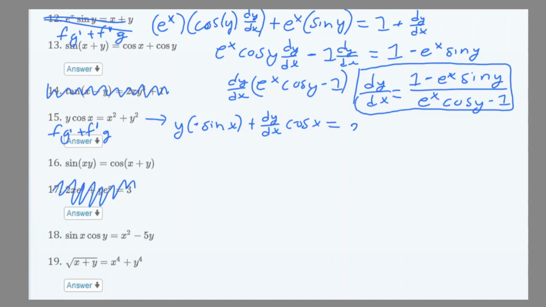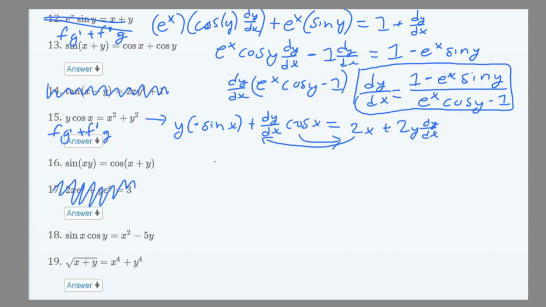And that's going to be equal to 2x plus 2y dy dx. And now we want to sort it again, in which we want to get the dy dx parts all on one side and then everything else on one side. So let's bring this to the right side and let's bring 2x to the left side.